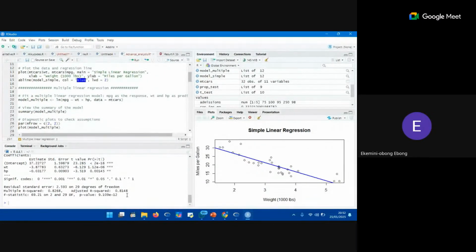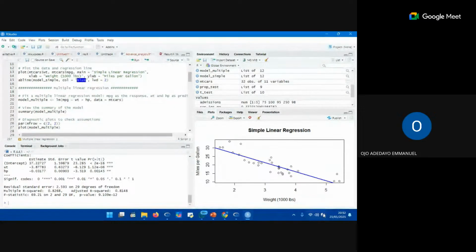Okay, out of the total variability, the weight accounts for 81.48%, and then the remaining variables like the horsepower account for the remaining percent. Okay. You tried.